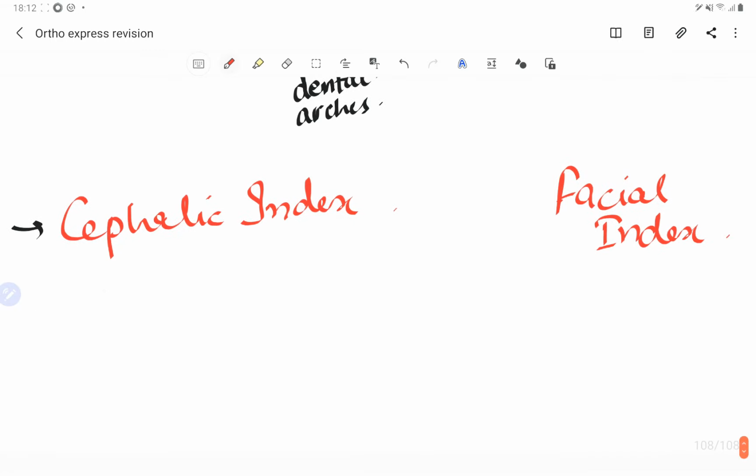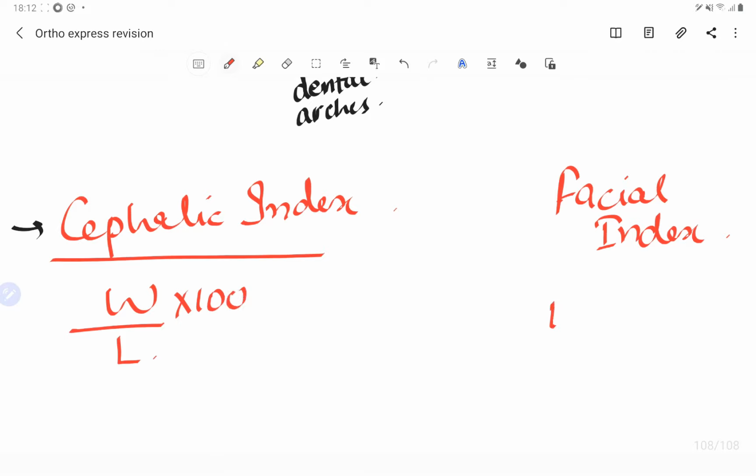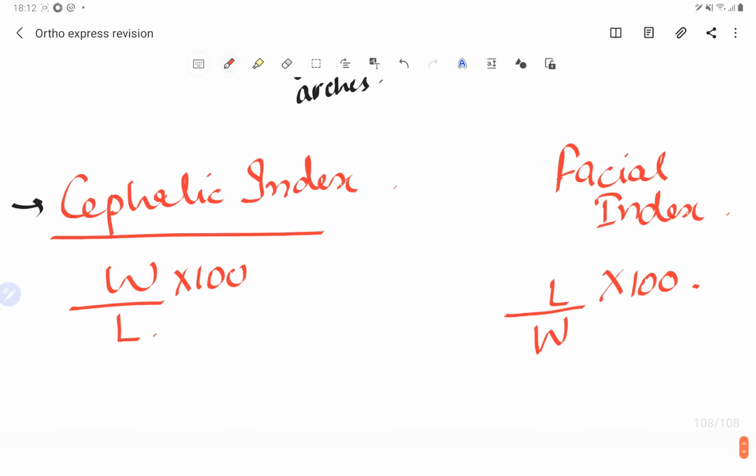The cephalic index is the width of the head divided by the length of the head into 100. But the facial index is opposite: length of the face divided by width of the face into 100. In the cephalic index we have W in the numerator and length in the denominator. So the cephalic index is the maximum width of the head divided by the maximum length of the head into 100, and the average value for the cephalic index is 76 to 81%.